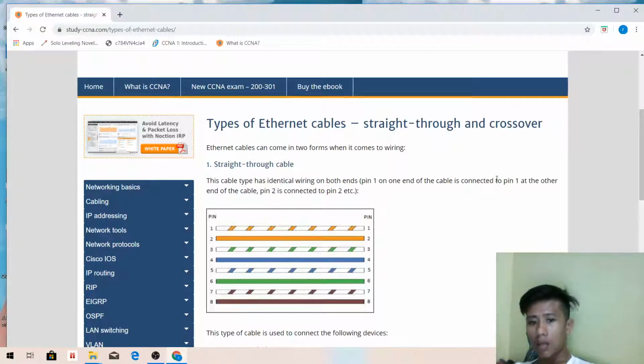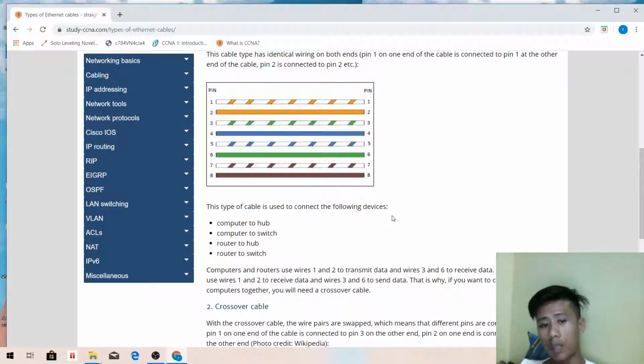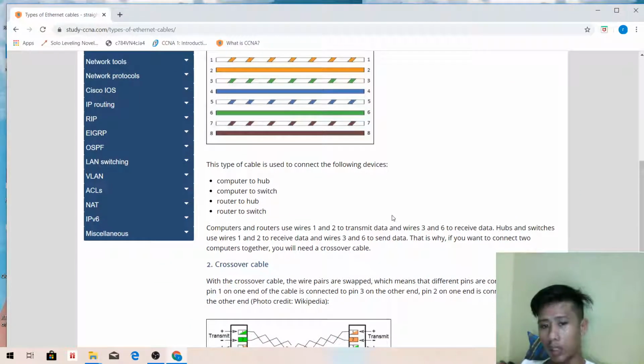Pin 1 on one end of the cable is connected to pin 1 at the other end of the cable. Then, pin 2 is connected to pin 2, etc. This type of cable is used to connect the following devices: computer to hub, computer to switch, router to hub, router to switch.